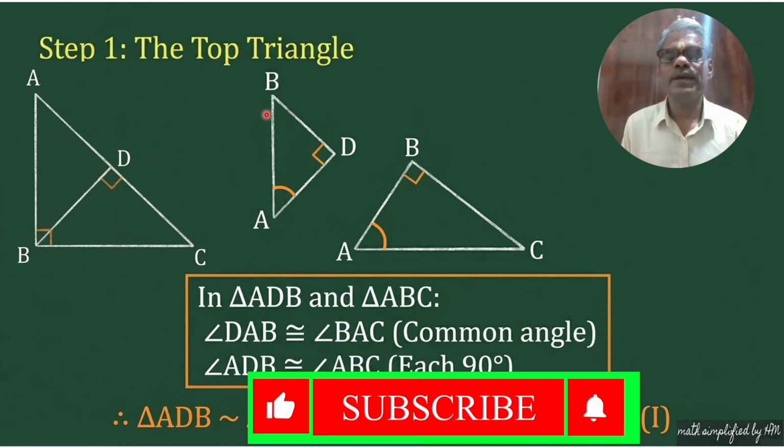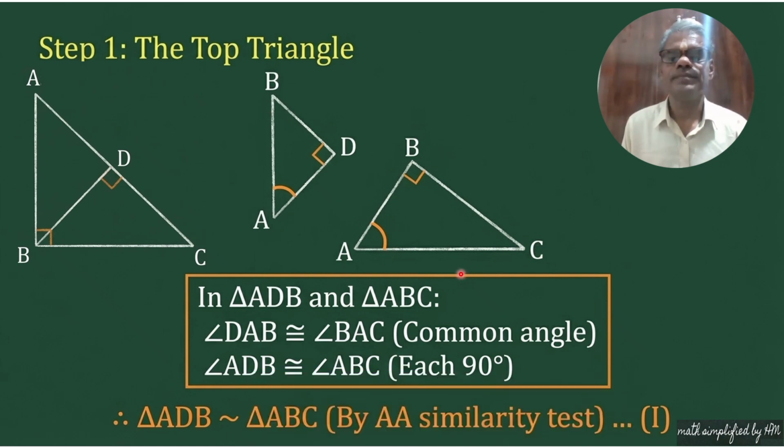In triangle ADB and triangle ABC, we have angle DAB is equal to angle BAC, common angle in both these two triangles, and angle ADB is congruent to angle ABC, each is 90 degrees. Therefore, triangle ADB is similar to triangle ABC by a similarity test.